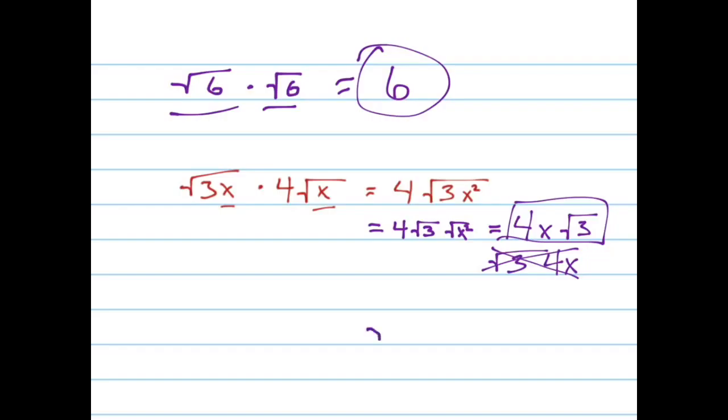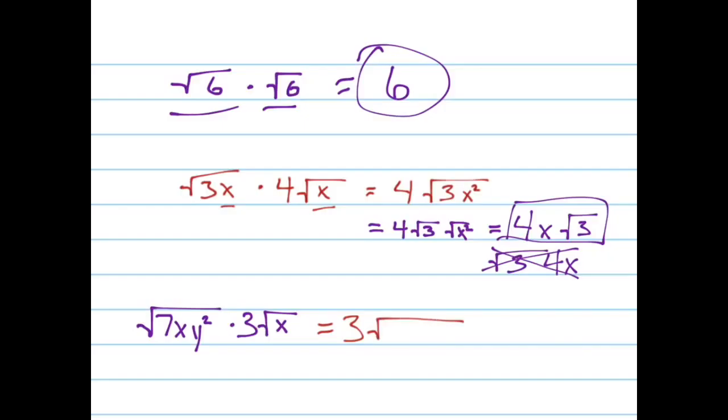All right, how about radical 7xy squared times 3 radical x? First of all, that 3 is not under the radical, so let's keep it out.